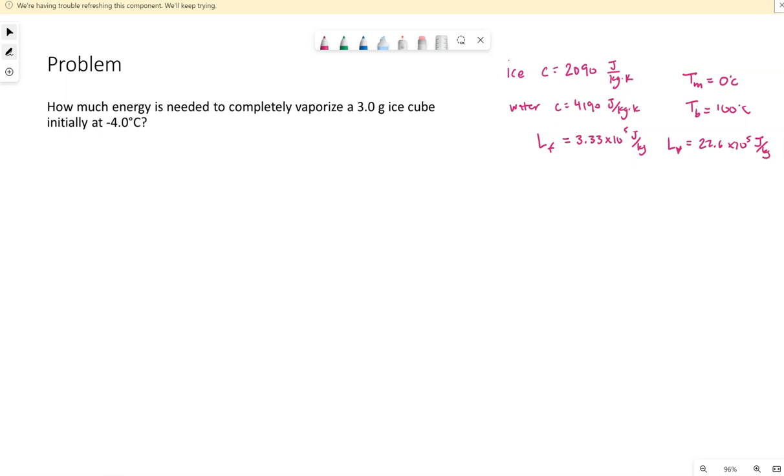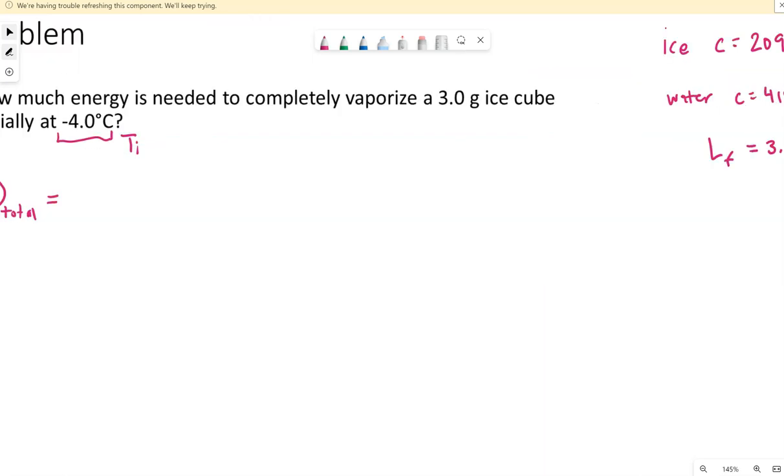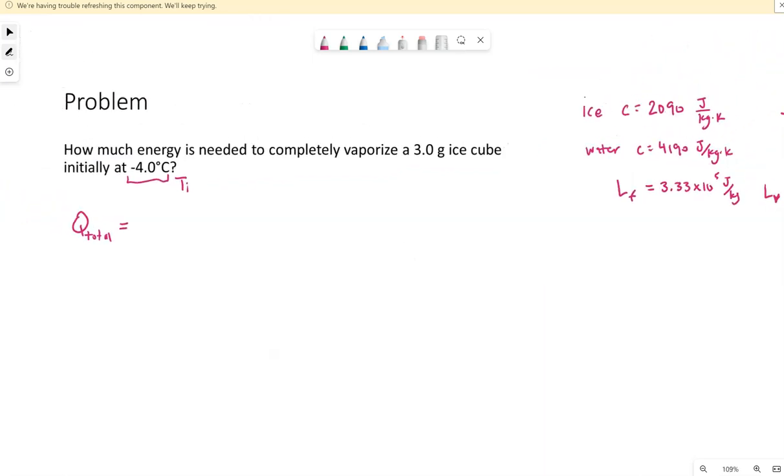So it ends up being multiple steps, because we're starting at an initial temperature of -4 degrees Celsius.